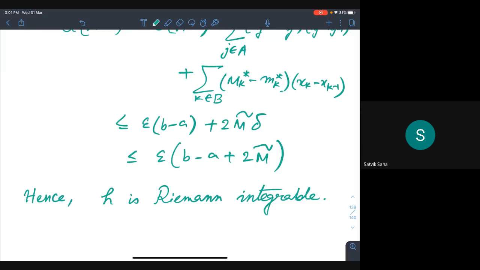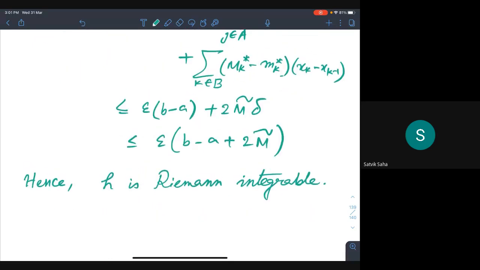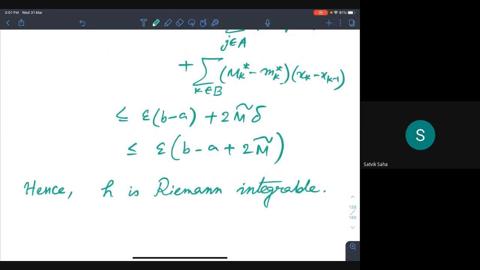Right? Any question? So next time we'll look at the connection between integration and differentiation. Yeah, any question?